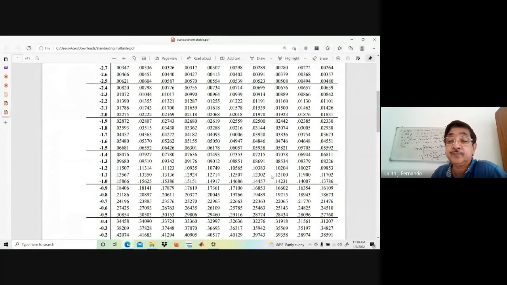Somewhere here. 0.12100 is there. But we need to get 0.12, not 0.12100. We can have a method of calculation for that. In that particular row, the score is minus 1.1. But corresponding with this, what is the real score here? Just arrive at that score.